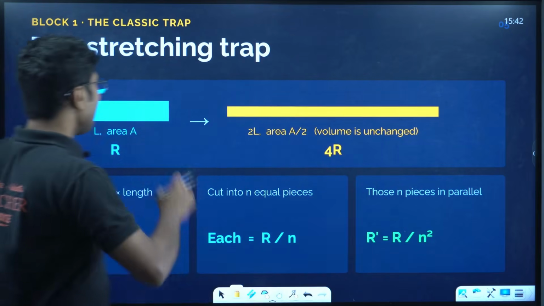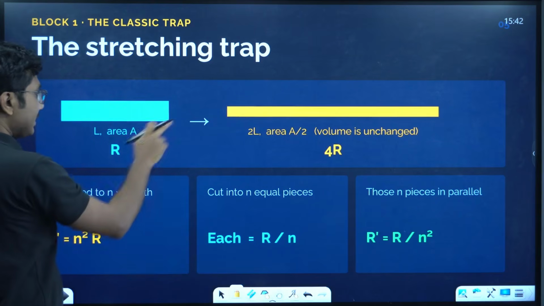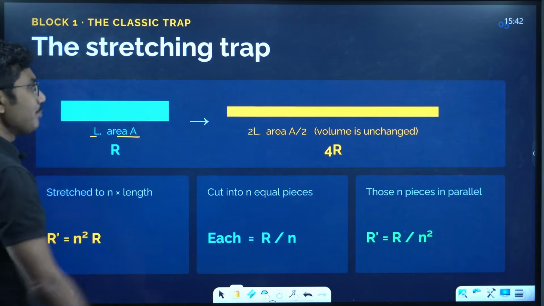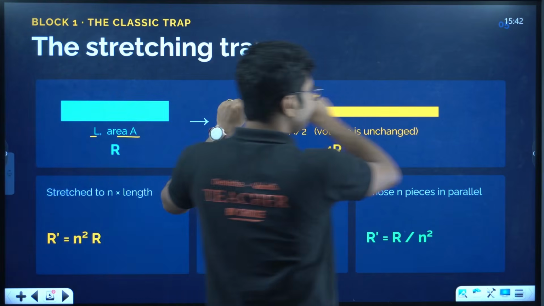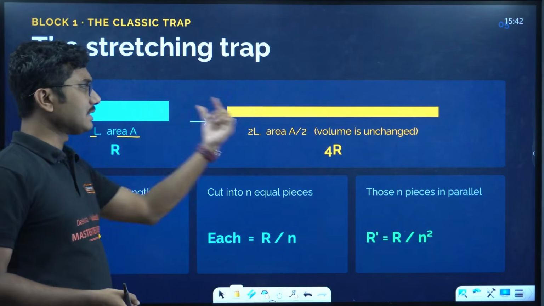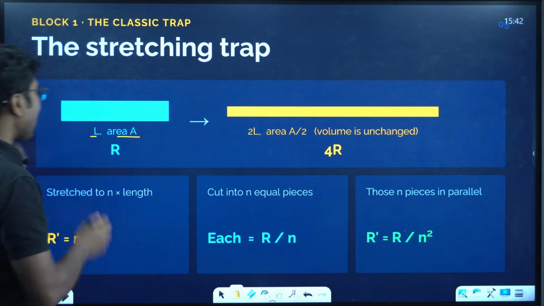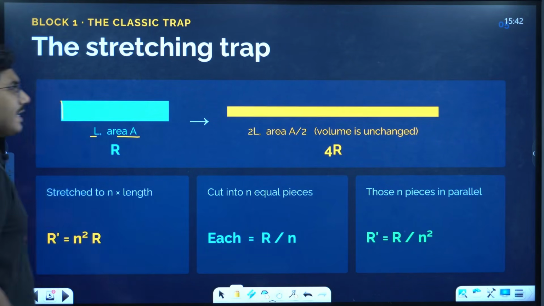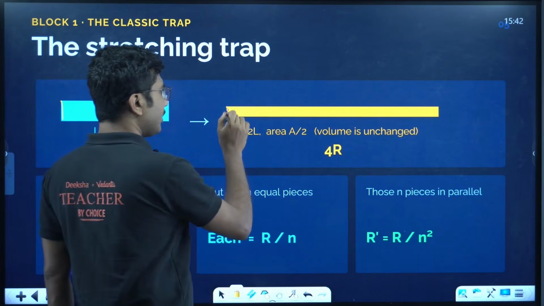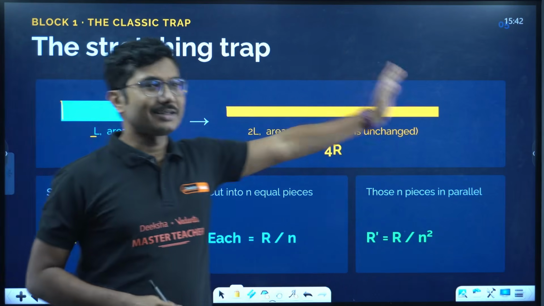When you are shortening or lengthening a wire, say this is the original wire of length L and area A. When you are stretching a single wire, the material does not come automatically, so what will happen? Its cross-sectional area will shorten. The cross-sectional area gets reduced, and the length gets increased.